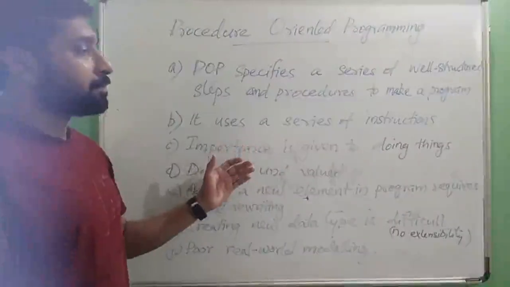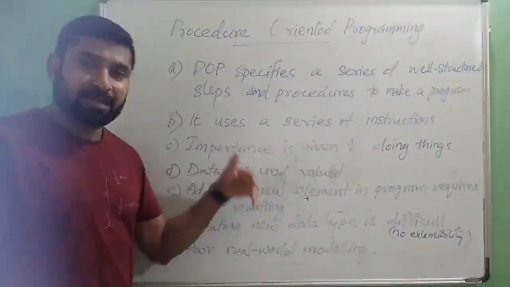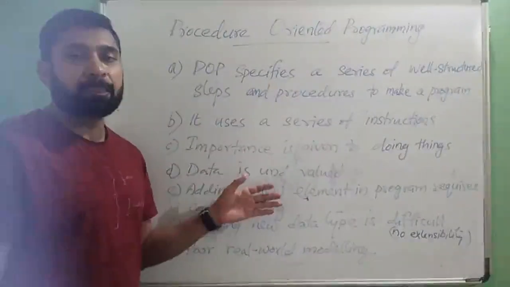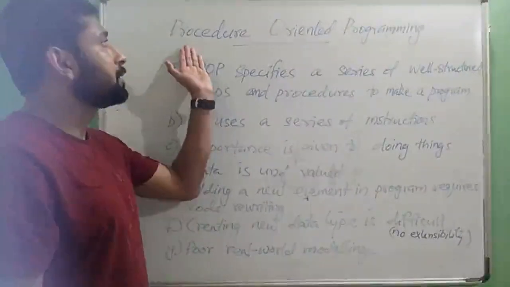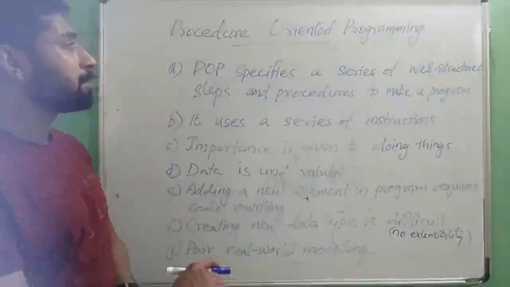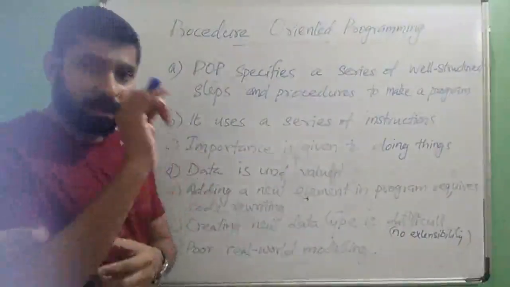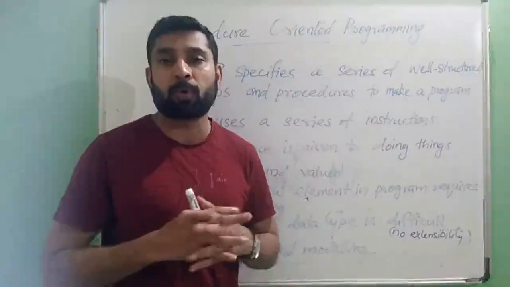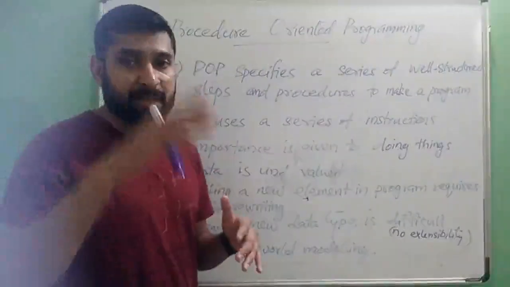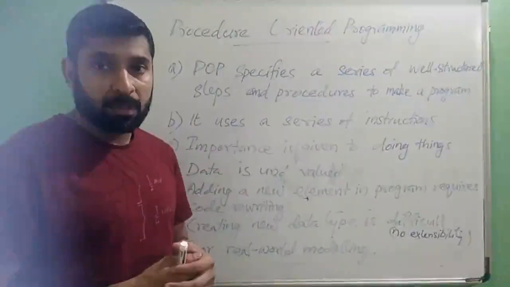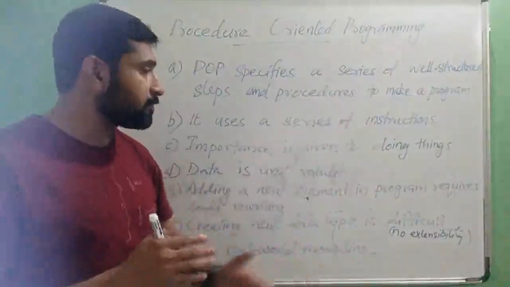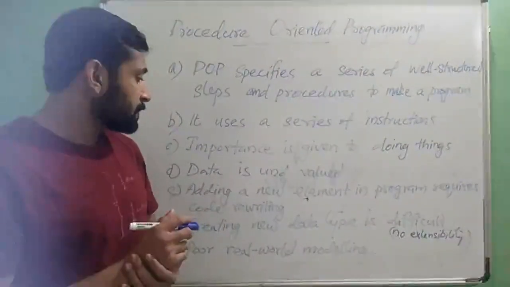So either we can say these are the features, or we can say these are the demerits of procedure-oriented programming. In a nutshell, we can say it gives importance to doing things. Data is undervalued. It emphasizes a series of instructions.